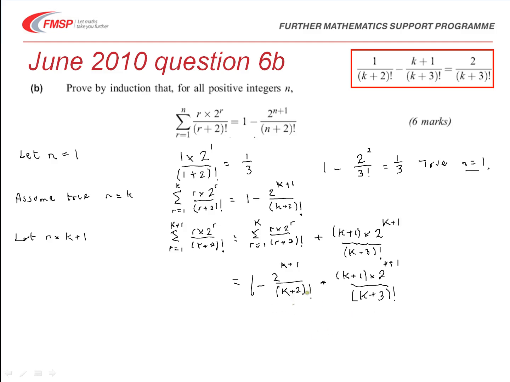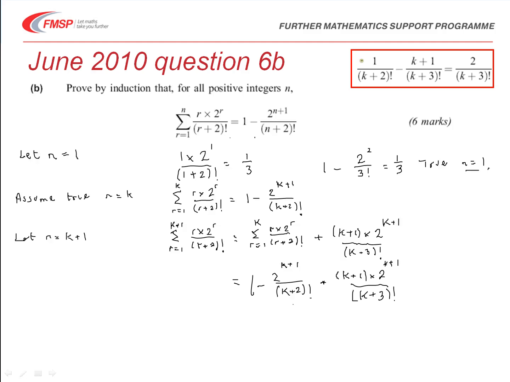Well, we can see that there is a common denominator here of 2 to the k plus 1, which will come out. And then what is left is the negative of what we were just showing. It's up in the red box, part A. This is what we showed in the first part of the question.